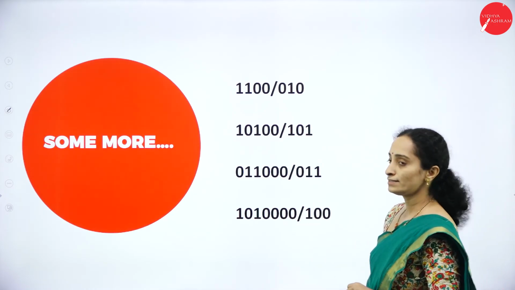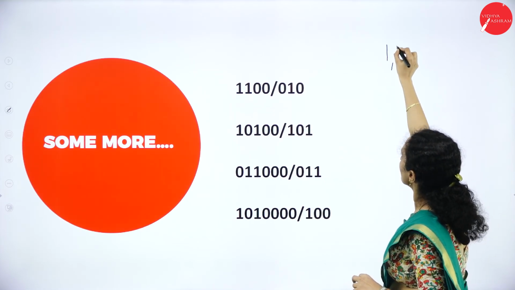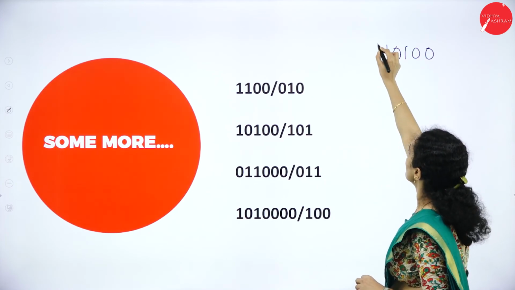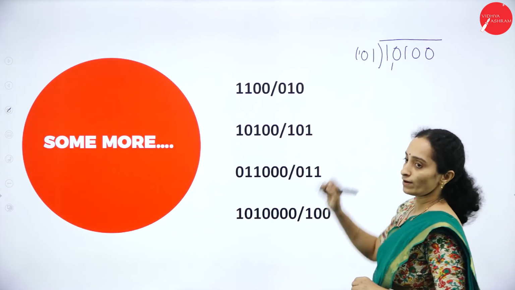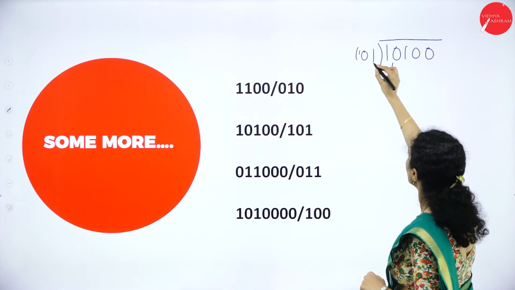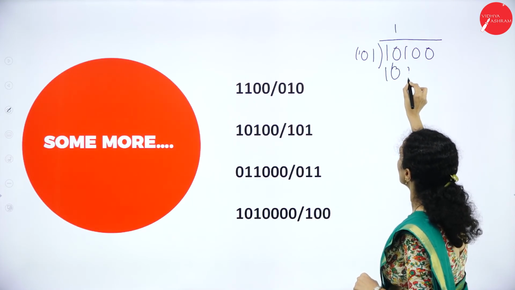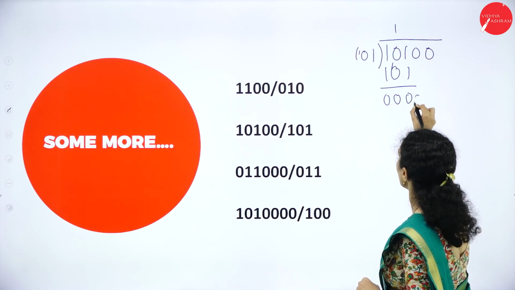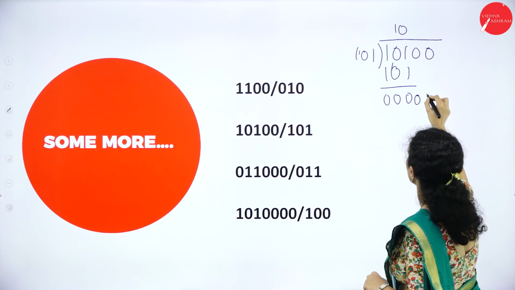We shall check with one more number. If you take 10100 divided by 101, how do you perform it? 101 into 1 will result in 101, then 000. Take up the next 0, add a 0.